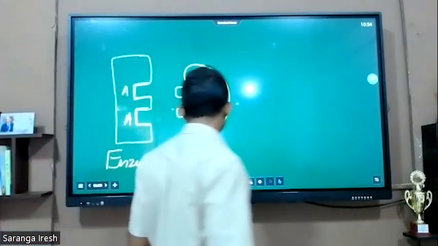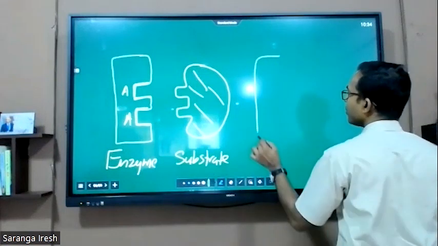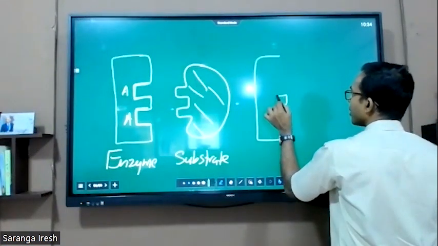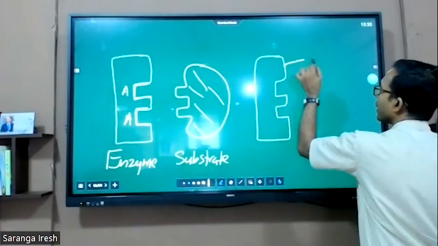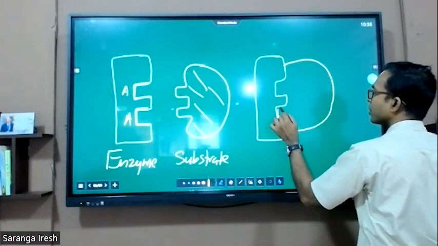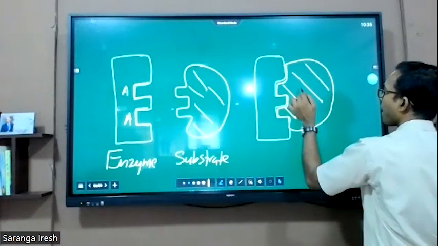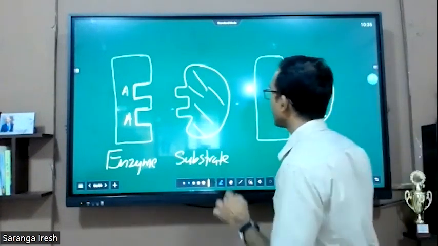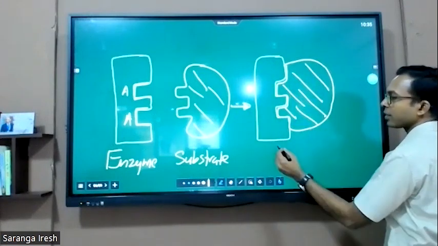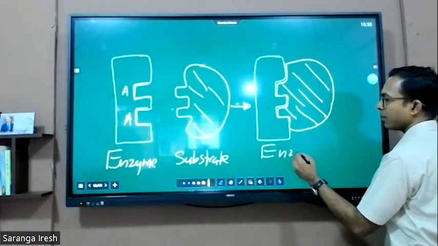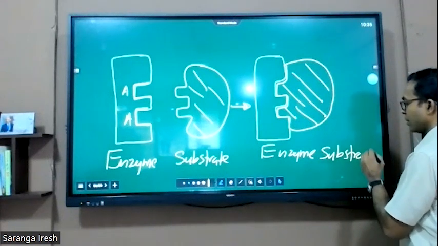Now what happens? The substrate and the enzyme bind with each other, and finally, it makes the enzyme substrate complex.